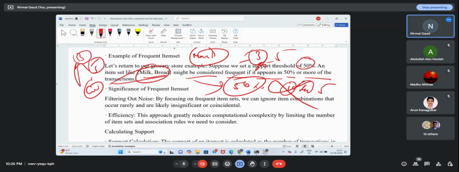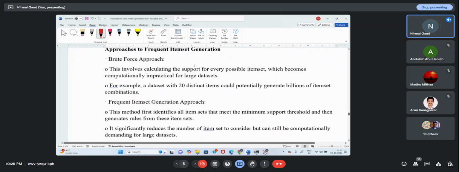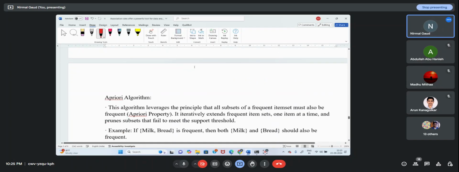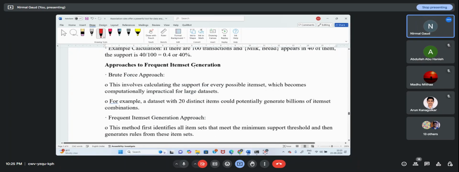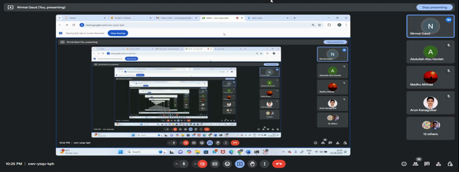Okay, fine. So this is your Apriori algorithm, which finds out the most frequently used item sets. In this particular association rule coding, I did the same thing.